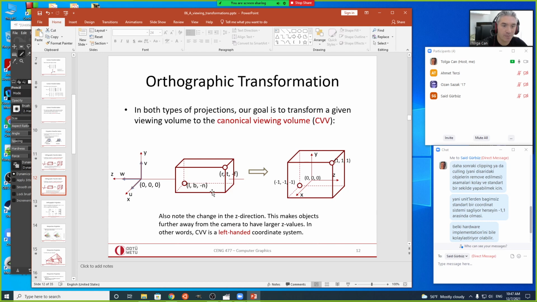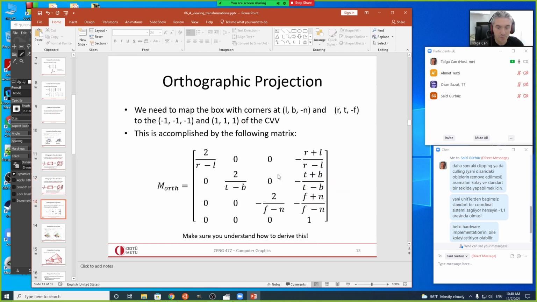If you want to implement this in hardware in a non-reconfigurable way, you need something standardized, a standardized coordinate system. I think that's also one of the main reasons that we have everything between -1 and 1. So the units are now standardized. Everything we are going to be seeing will be inside this regular cube. It becomes a standardized coordinate system, basically.